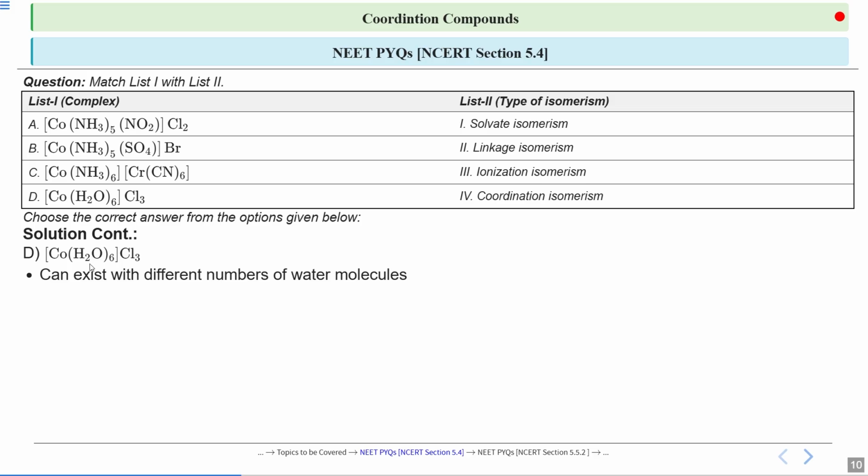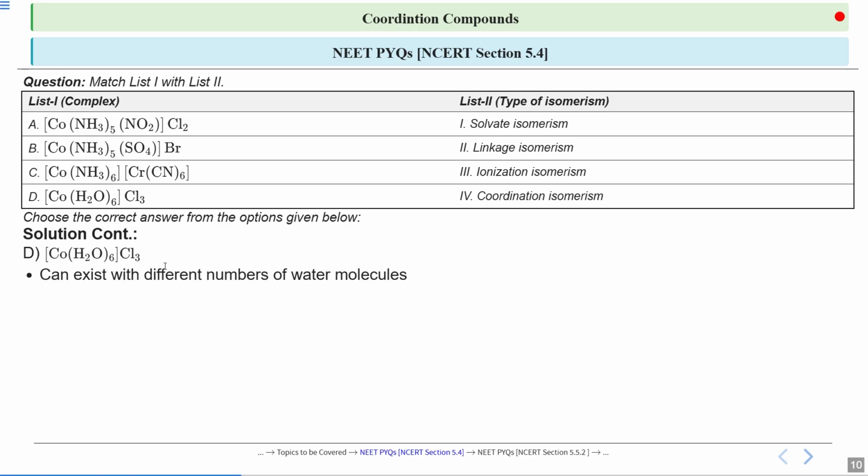You can see we have a solvent molecule present in our complex, which is 6 in number, right? So basically you can write this complex as [Co(H2O)5Cl]Cl2·H2O, and you can also write it as [Co(H2O)4Cl2]Cl·2H2O.